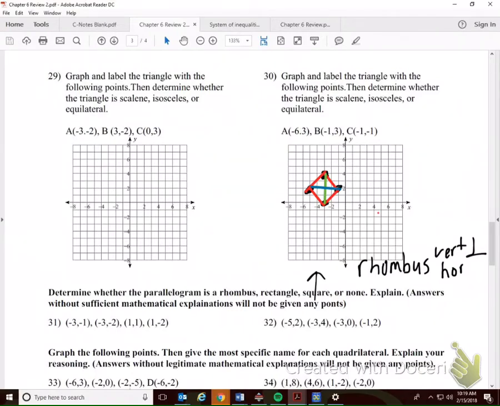So now we need to figure out whether or not it is a rectangle, because if it's a rhombus and a rectangle, it's a square. Now again, because they were kind enough to give us vertical and horizontal lines, we can just count them. So that green diagonal, 4. Blue diagonal, 4. That means that we're good to go.